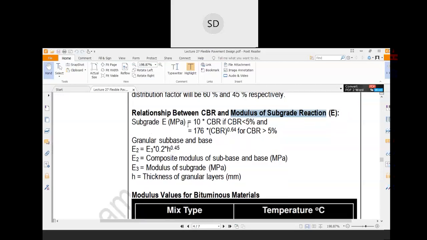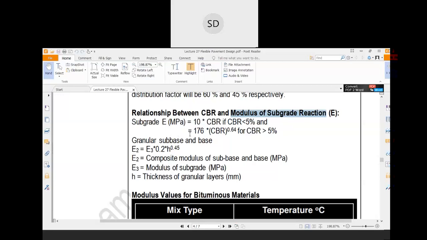Now, if the subgrade has lesser than 5% CBR value, in that case the relationship with the modulus of subgrade reaction would be 10 into CBR. That is, whatever CBR value is there, you multiply it by 10 and you will get the modulus of subgrade reaction value.